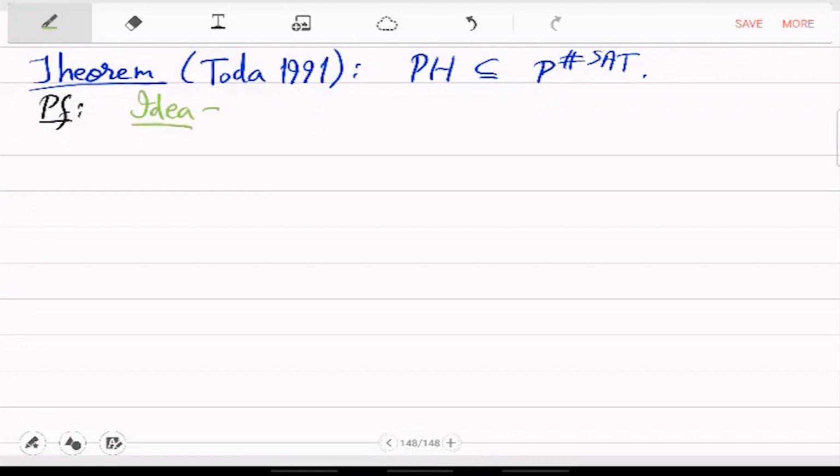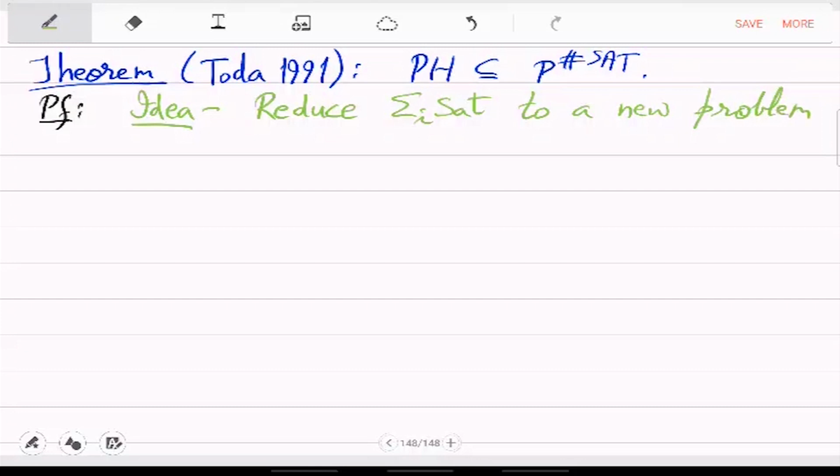So, overall idea is we will give a reduction, basically reduce Sigma i SAT to a new problem that we will call parity SAT. Okay, so this will be stronger than, I mean, we will not just reduce it to Sharp SAT, but actually something weaker than Sharp SAT, which is parity SAT.